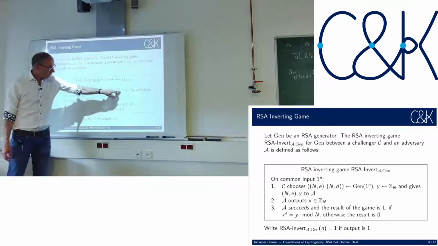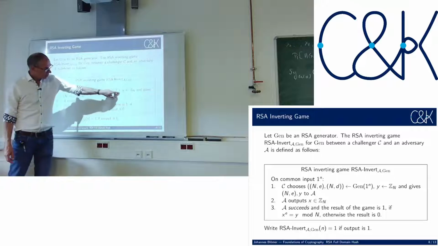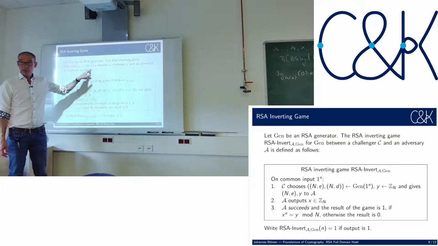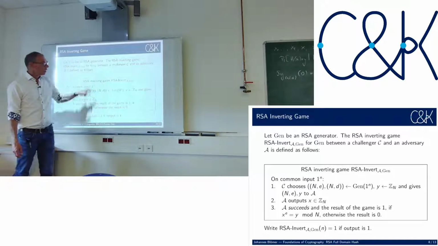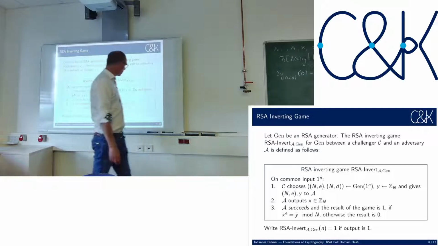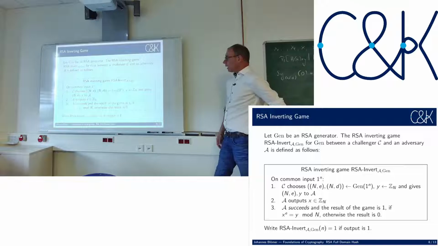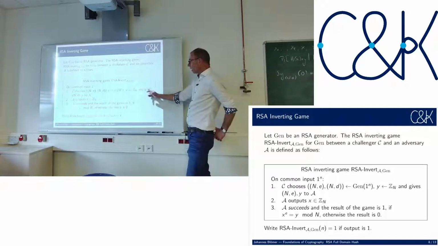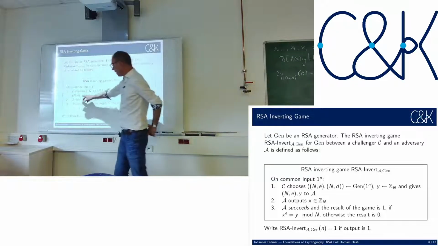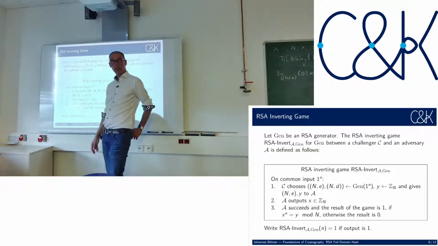So this part here is determined by the key generator. Then y is picked uniformly at random from Z_N by the challenger, and the challenger gives N, e, the public key, and y to A.